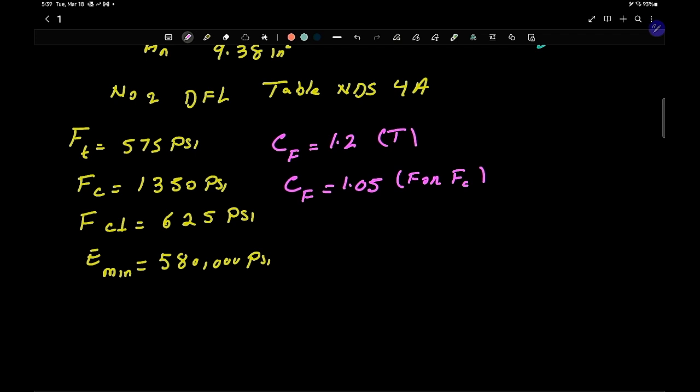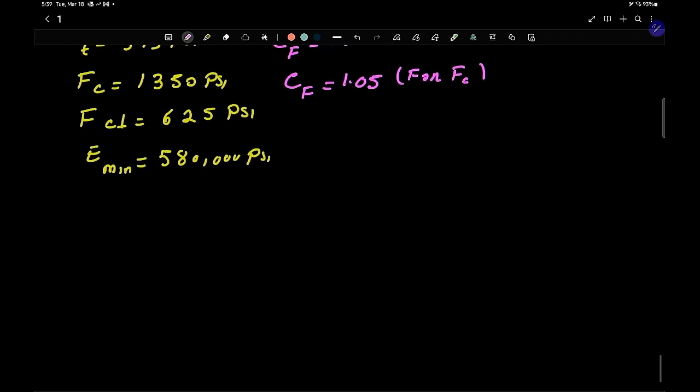Now we have this. We're gonna go ahead and find the adjustment factor. Our ASD adjusted factor, F prime T, is equal to F at T from table 4.3 times CD, CM, CI, and CF. We already have all those values.